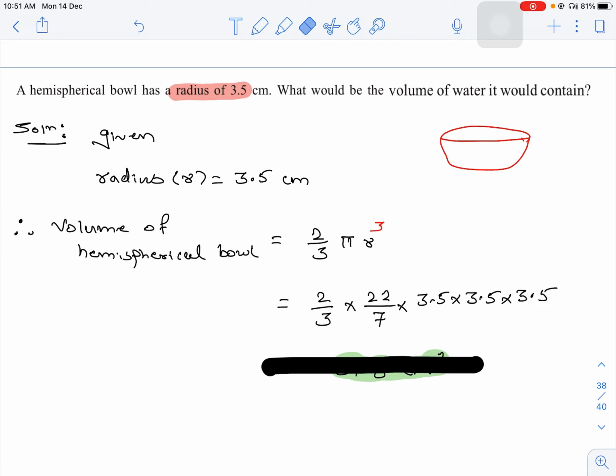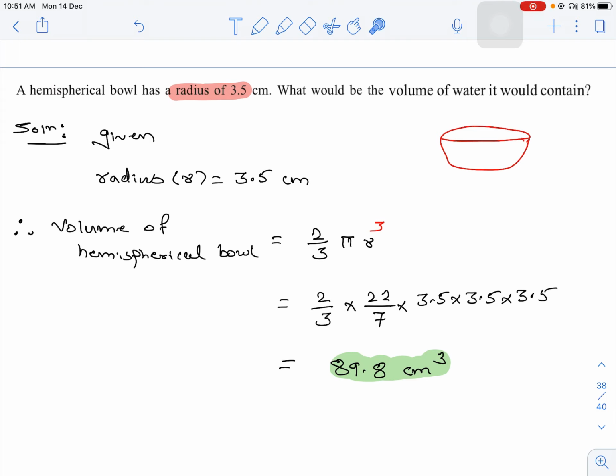So we get 2 upon 3 into, again here this number can be cancelled by 7, so we prefer the value of pi as 22 upon 7. So we get 2 upon 3 into 22 upon 7 into 3.5 into 3.5 into 3.5. When we do our calculations, we get the final answer: the volume of the hemispherical bowl is 89.8 centimeter cube.